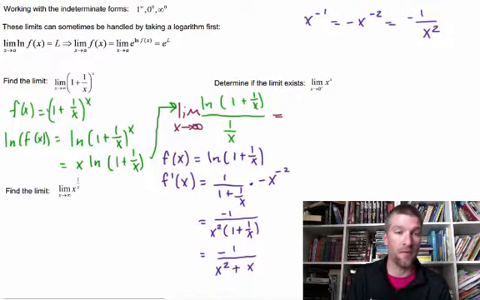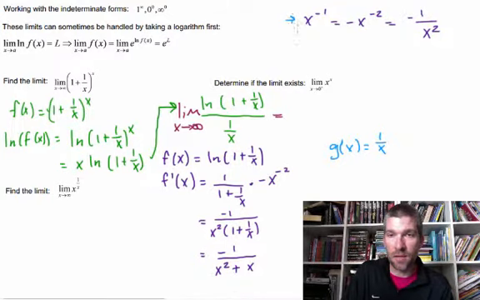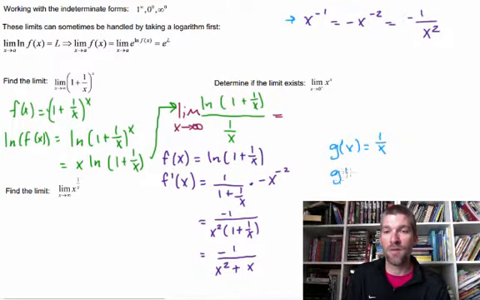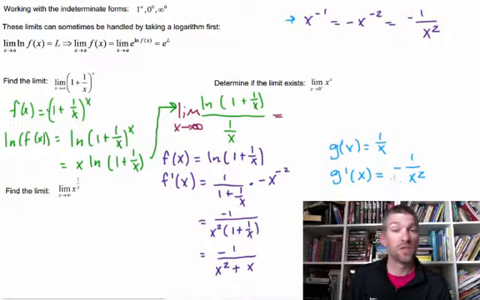Okay, so there's my f prime. G prime, well, if g of x is equal to 1 over x, then g prime of x is equal to negative 1 over x squared. Substitute those two different parts in, and let's have a look at what's going on.